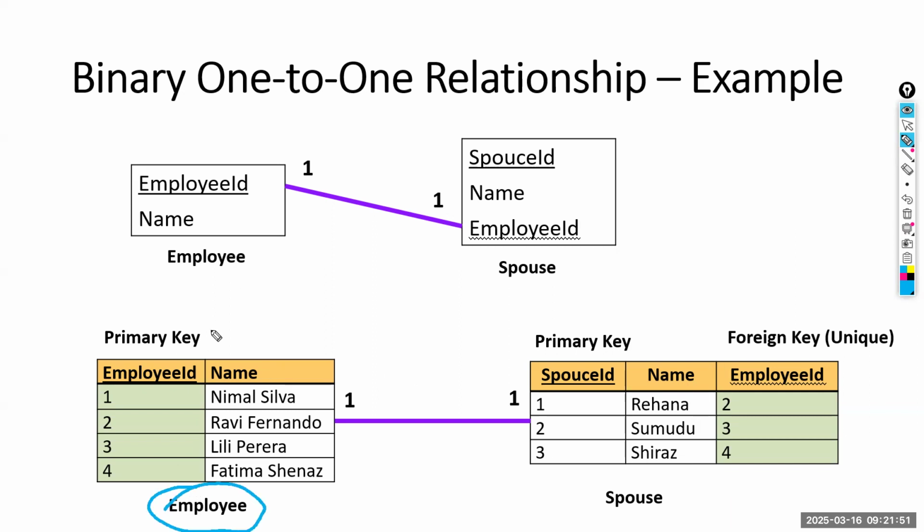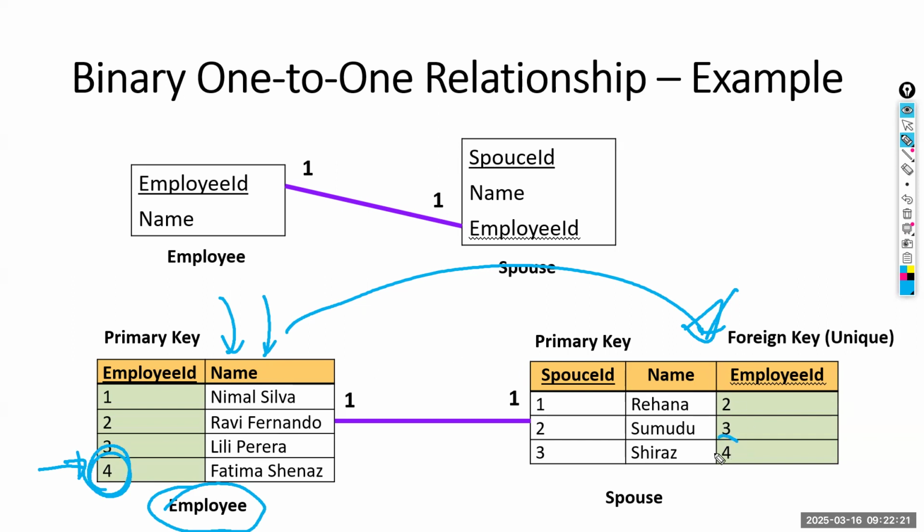So remember, we first insert employee details because we are interested in the employee. Definitely we will not start entering spouse details. When you enter data, we will enter the employee details first. Then only we will enter the spouse details, the spouse of the employee. So by the time you enter this record, the employee record is already added and you have the valid employee ID.